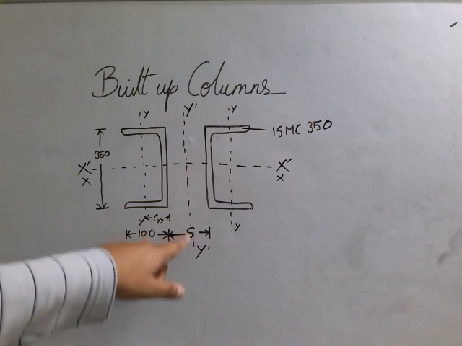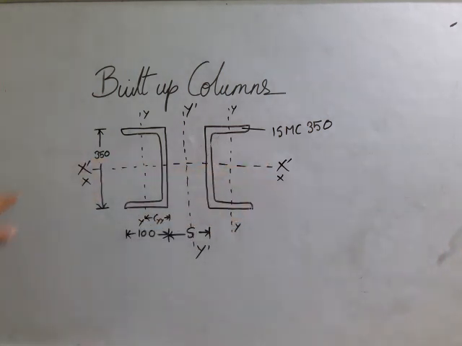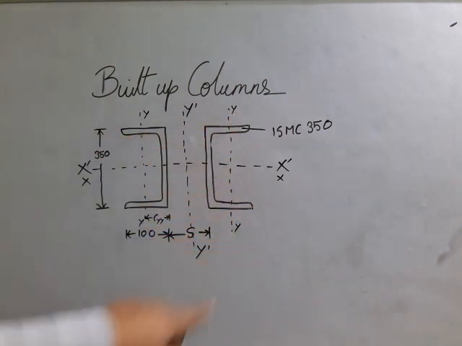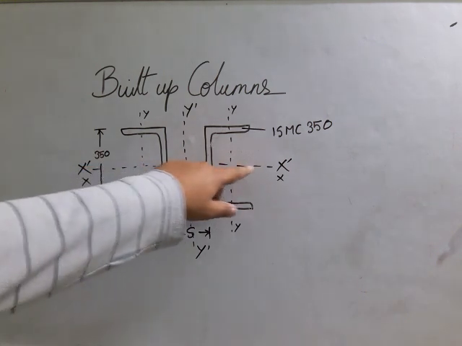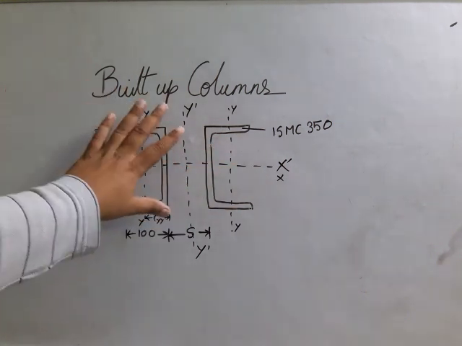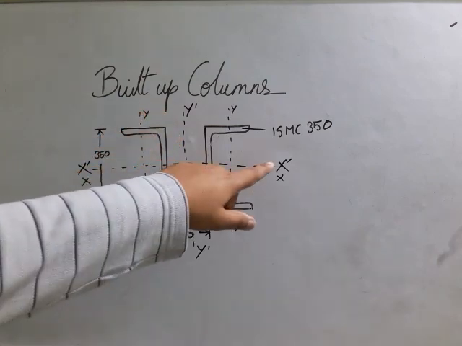So this y dash and x dash is the axis of the built-up column, and this y-axis and this y-axis are the axes of the individual sections, and this x-axis and this x-axis are for the individual sections, and if we place them, it gets merged.